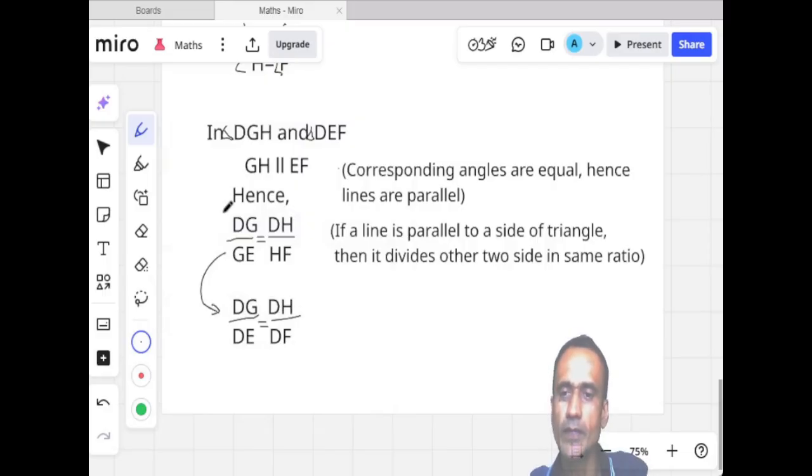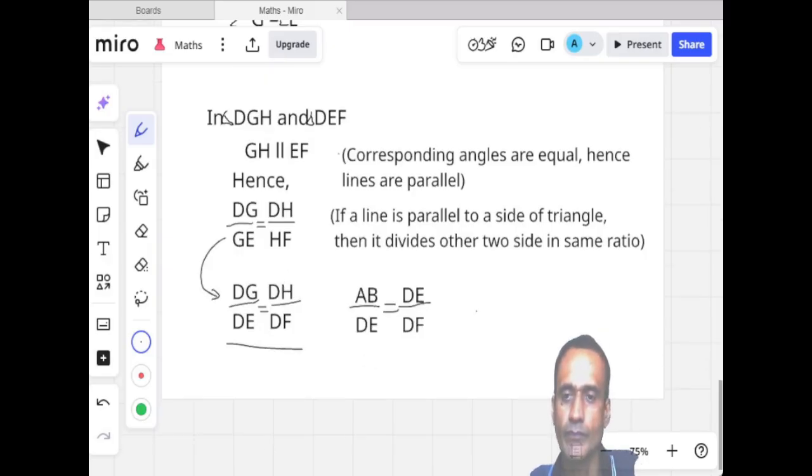Now do the reciprocal of this and add 1 to both of the sides. Then again do the reciprocal. You will get this. But DG is equal to AB and DH is equal to AC. Since DG is equal to AB, we have replaced DG by AB, and DE is equal to DH. This we had taken while constructing.